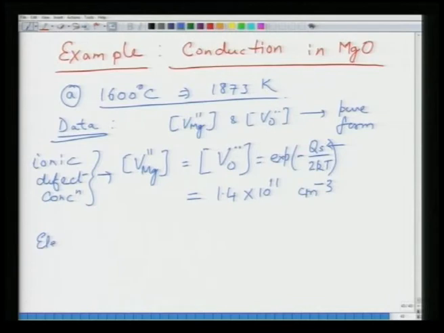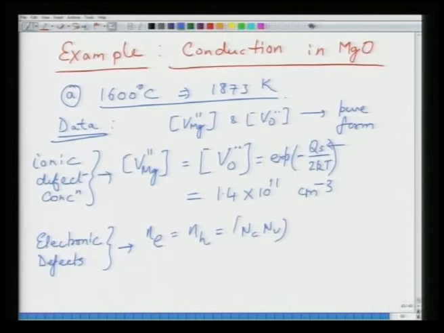And now, your electronic defect concentration, this is Ne equal to Nh, and this is given as (Nc Nv) to the power half into exponential minus Eg by 2kT.